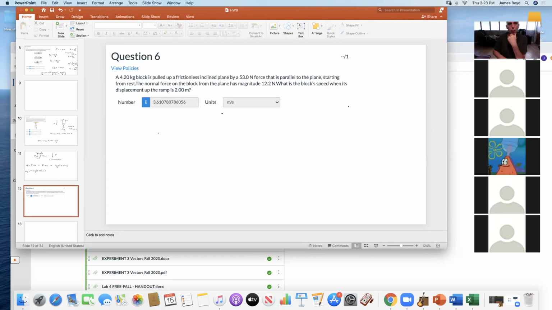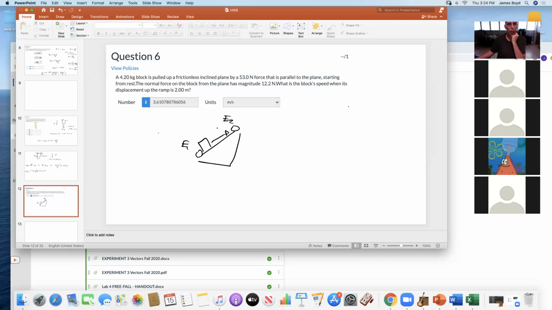This problem, you have to figure out essentially the energy. So the energy at the top and the energy at the bottom. We're pulling it from rest to the top of this plane. So this is E2, and this is E1, and this is some block that's being pulled up.